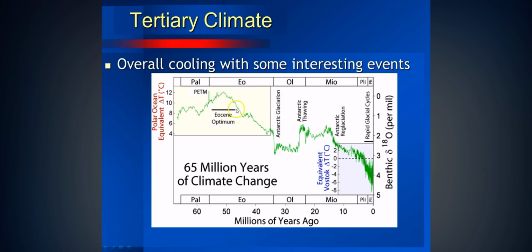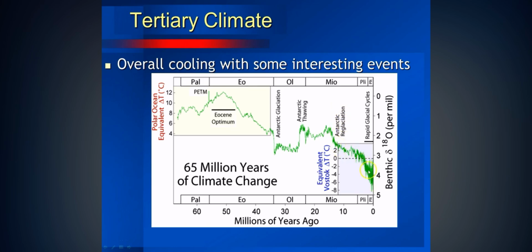And then it started to cool off, and glaciers started to grow right about here. At the beginning of the Oligocene, we have drastic cooling, and then Antarctic glaciers started to grow. Before that, there were no glaciers, not even in Antarctica. And then cool Oligocene, and then we had an Antarctic thawing, so it got warm again, and then things gradually started to cool down again with another Antarctic reglaciation.